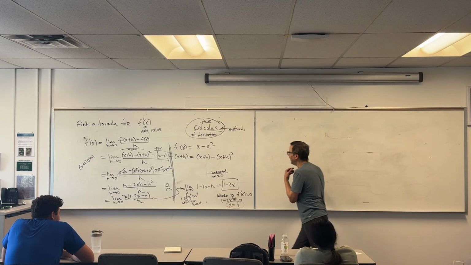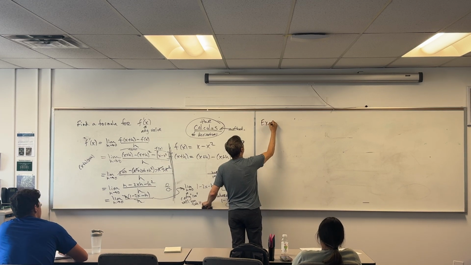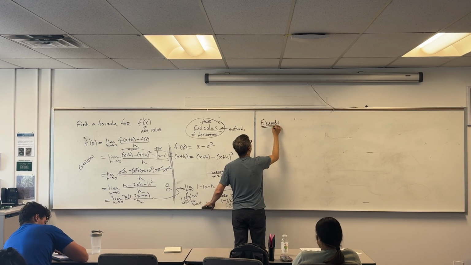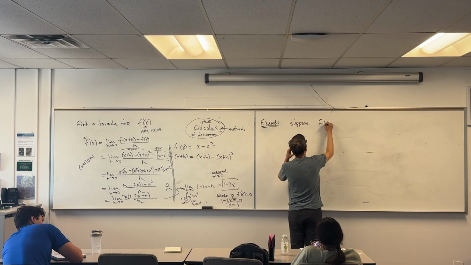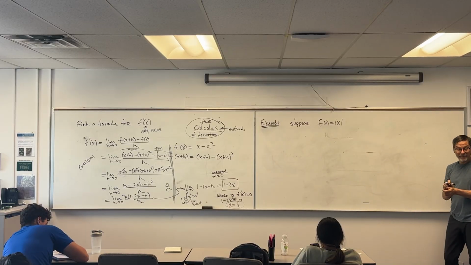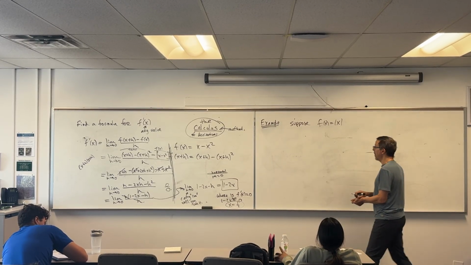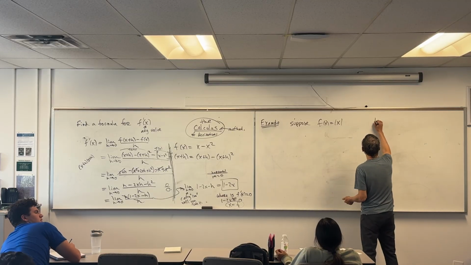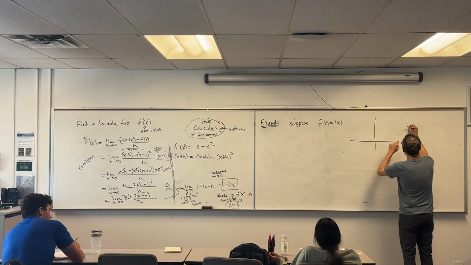In fact, let's look at an interesting example. This is an important example. Suppose f of x equals the absolute value of x. So the absolute value function, we plot it out. Let's think about this.